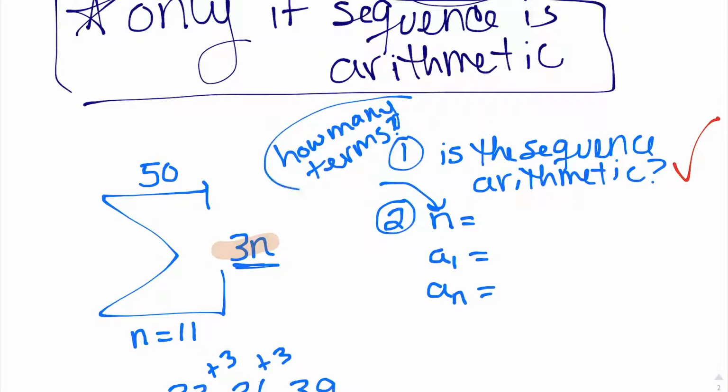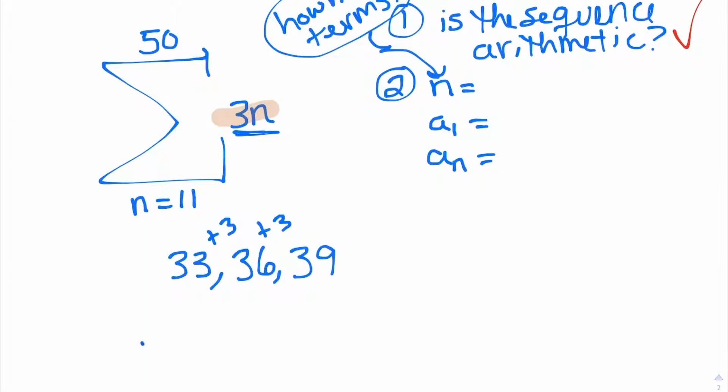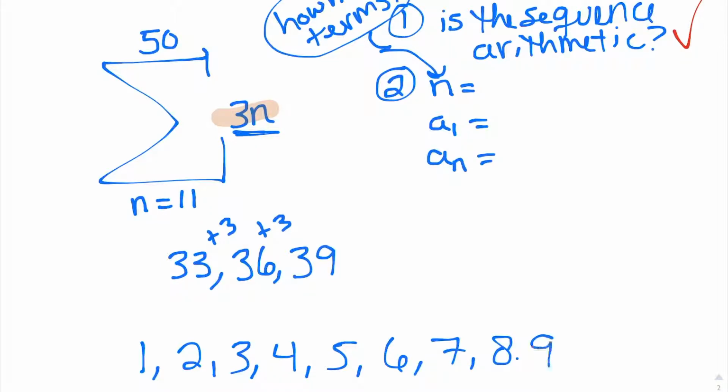So if I go from 11 up to 50, that would be actually 40 different numbers, right? If you think about counting, if I go from 1 to 10, that is 10 numbers.